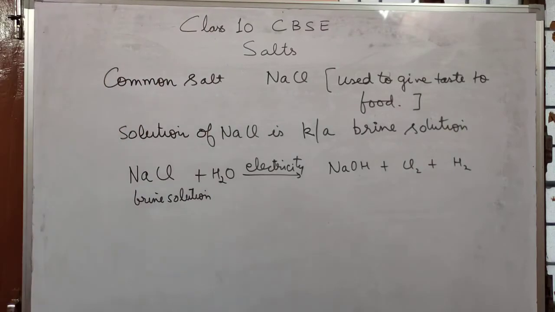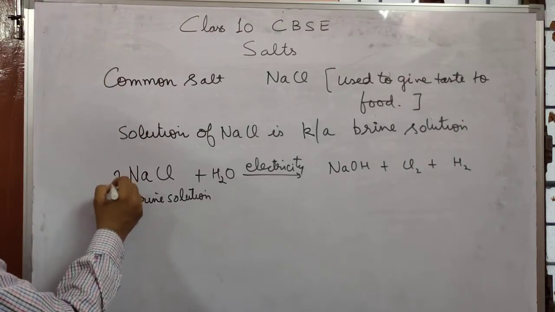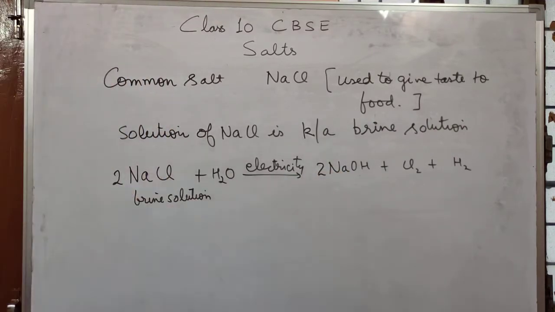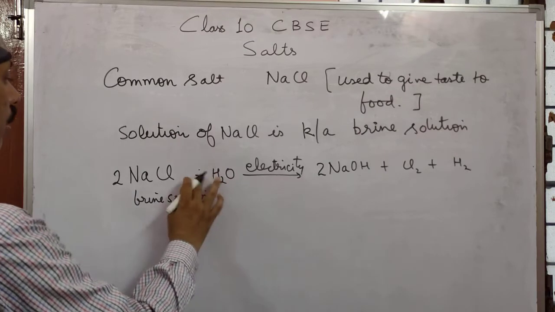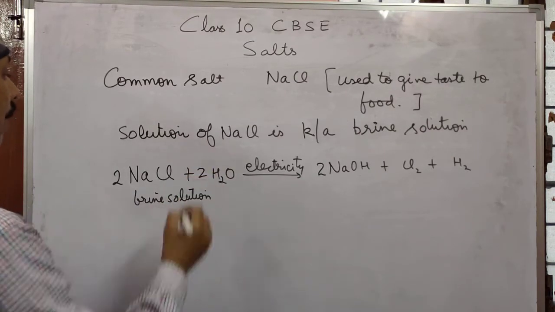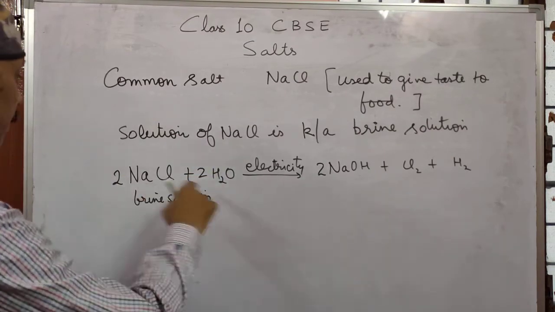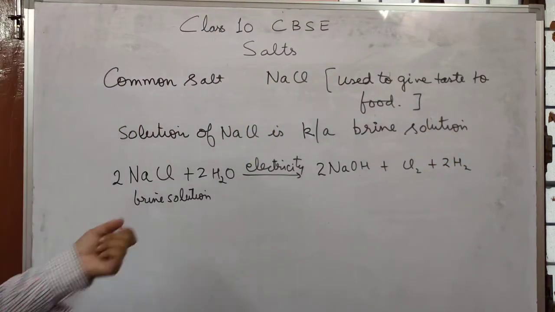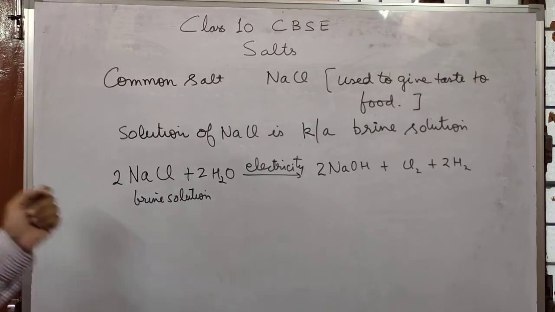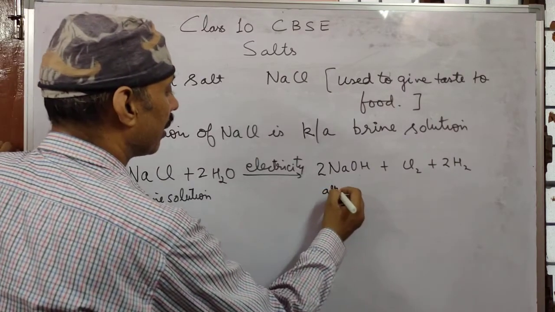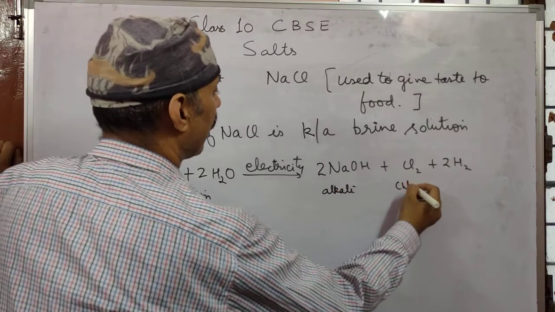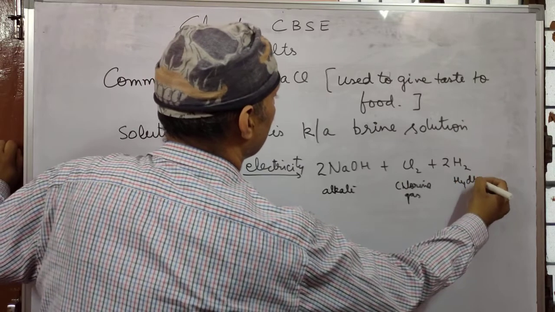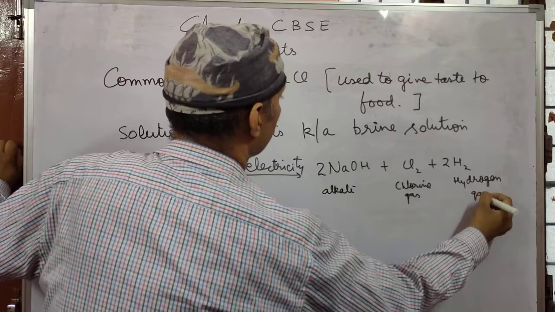So let us try to balance this one. I think 2 will come here, 2 will come here. Is it balanced? I will have to add a 2 here. Oh yes, now I have got it. So when you pass electricity through brine solution, you get an alkali and you get the chlorine gas and you get the hydrogen gas.